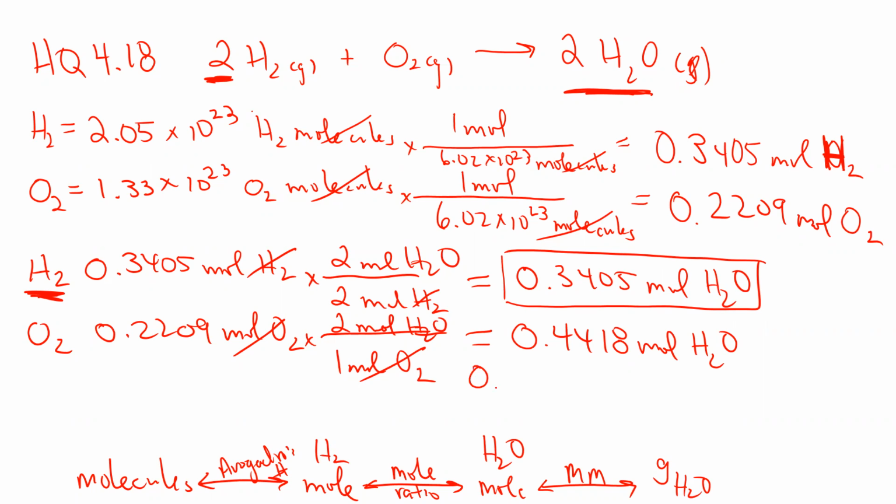So 0.3405 moles of water, right? Every 1 mole of water, I need 18 grams of water. Oxygen is 16, hydrogen is 1. I have 2 of those, so water is 18 overall.